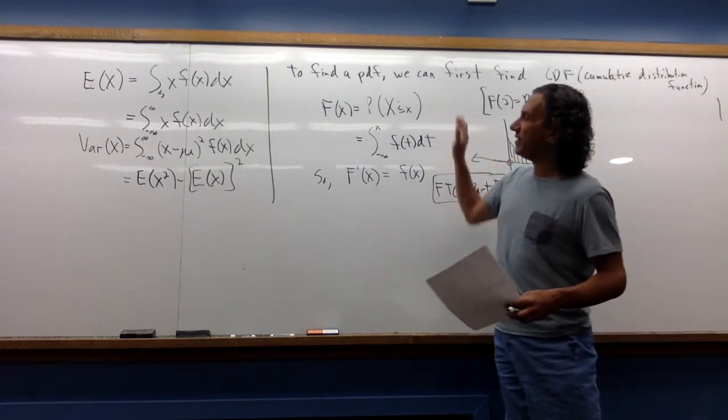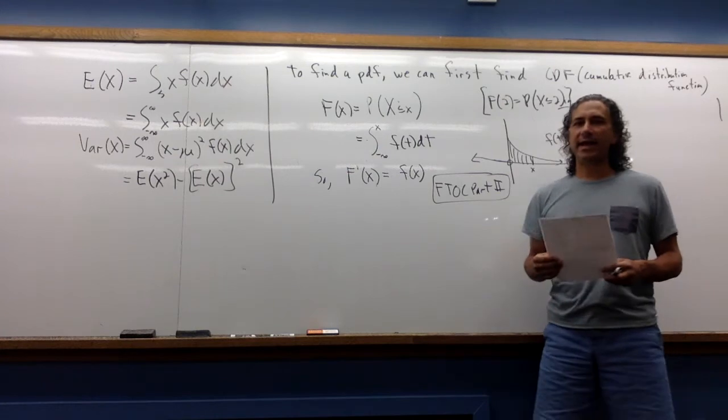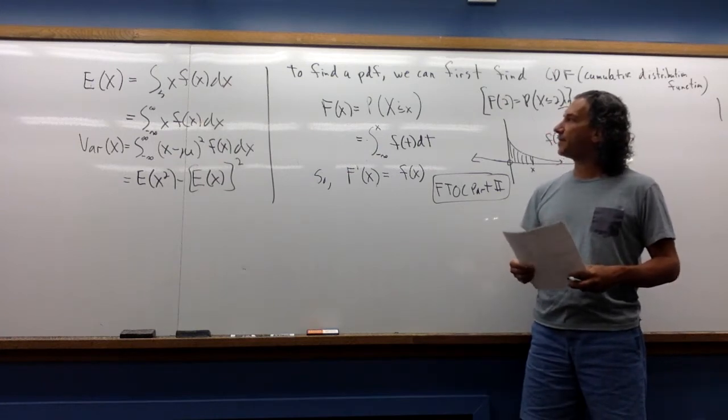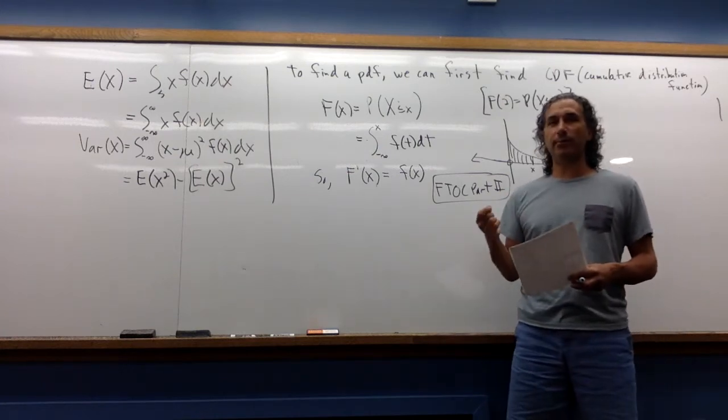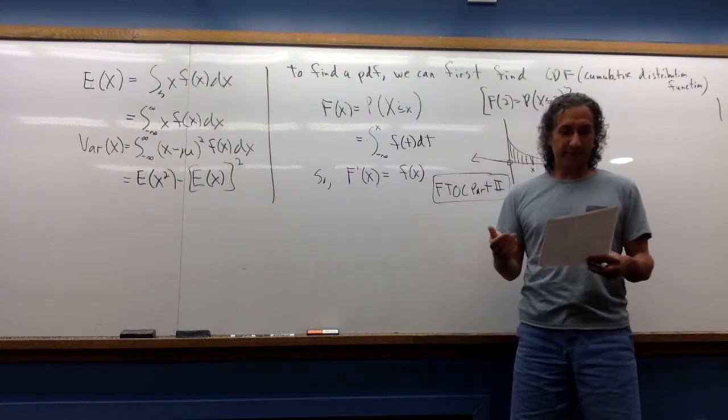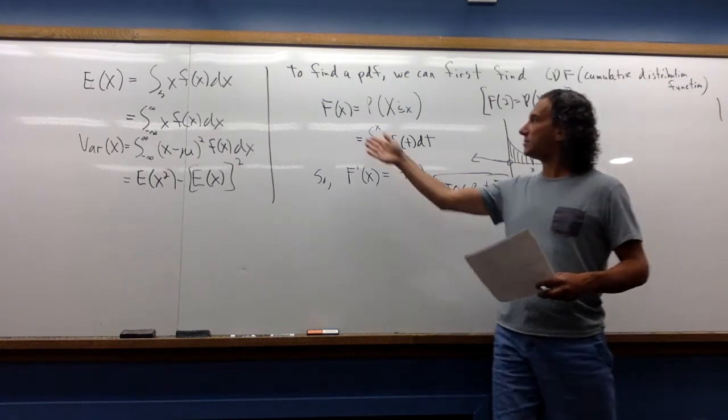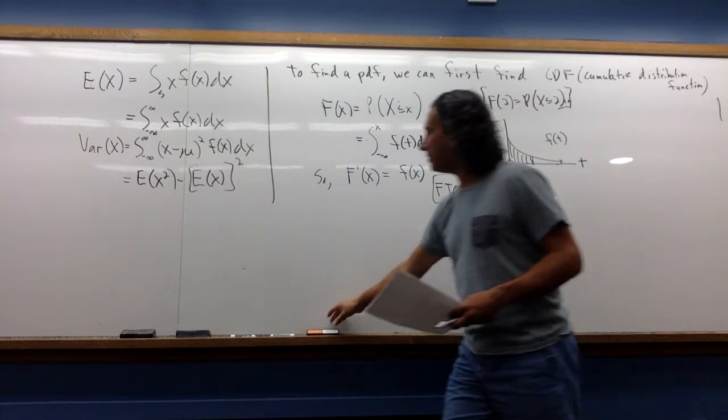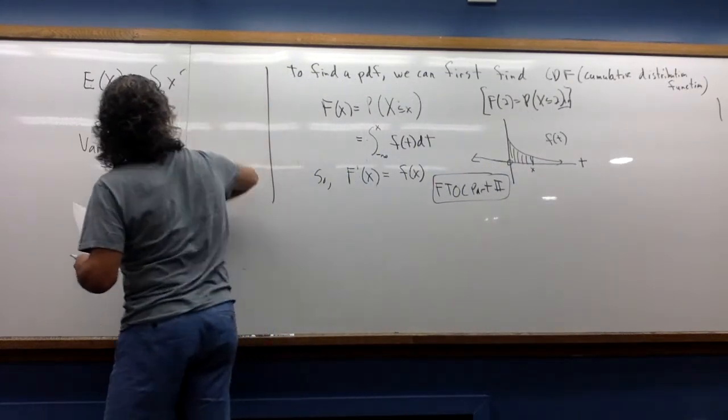So again, the point of this is we can't actually compute, well, we can compute the probability of a single point, but we're always going to get 0, so that's kind of a waste of time. That's why CDFs are powerful. Let me show you why else they're powerful.